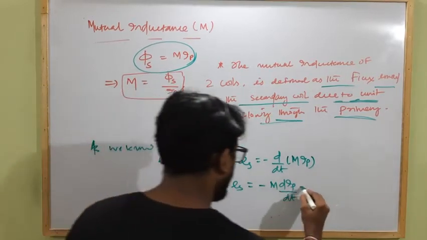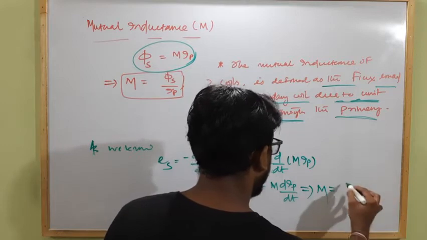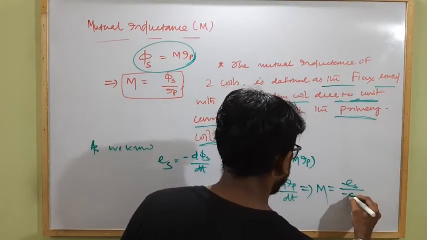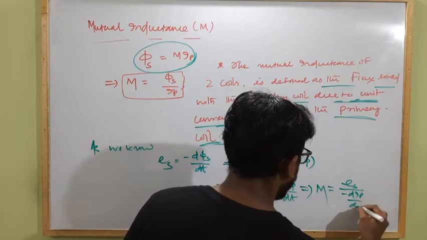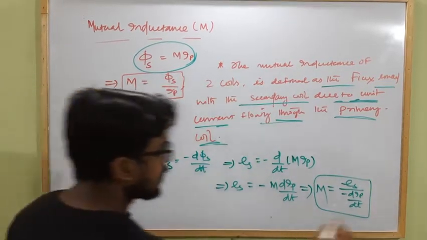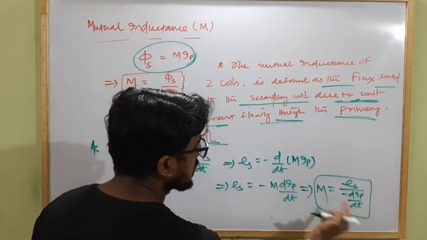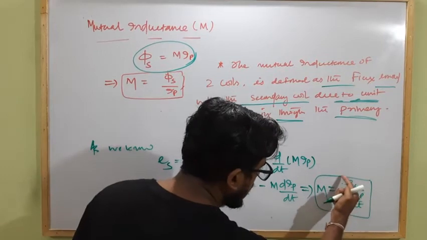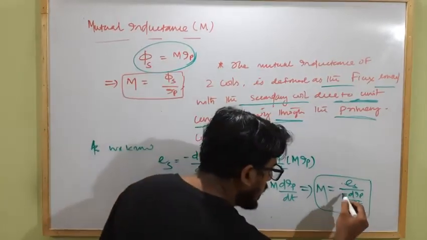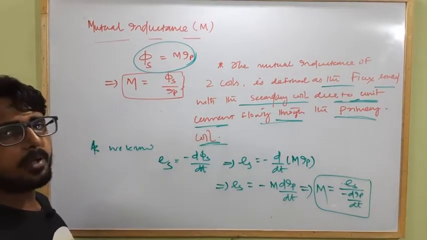So from this, the mutual inductance of both the coils M equals ES divided by minus dIP by dt. Clear? So the mutual inductance of both the coils is defined as the induced EMF produced in the secondary coil per unit rate of decrease in current in the primary coil.